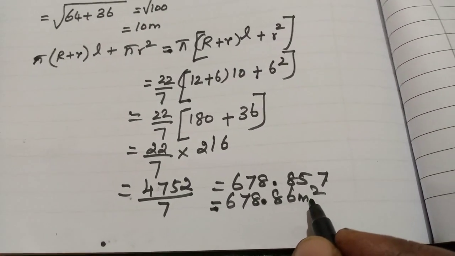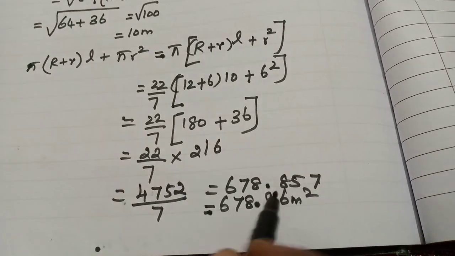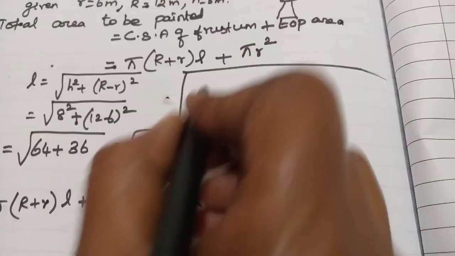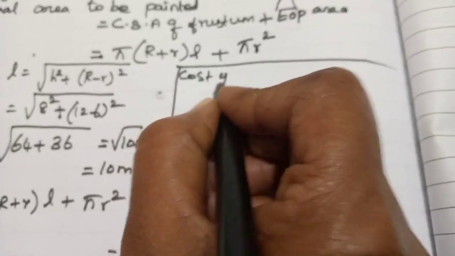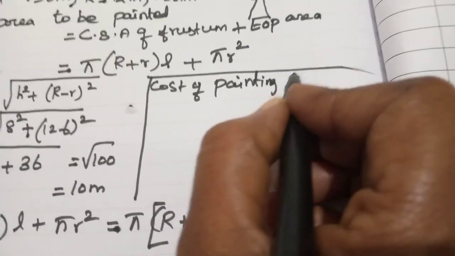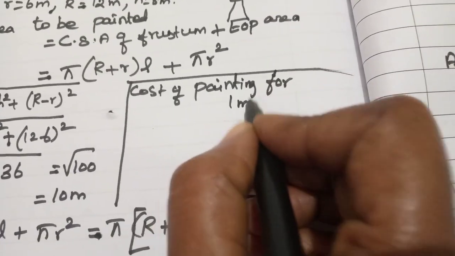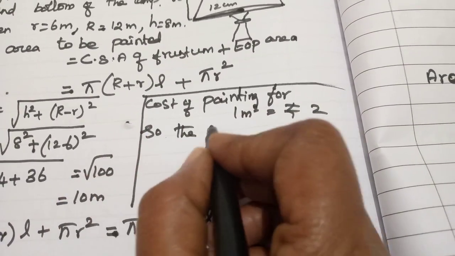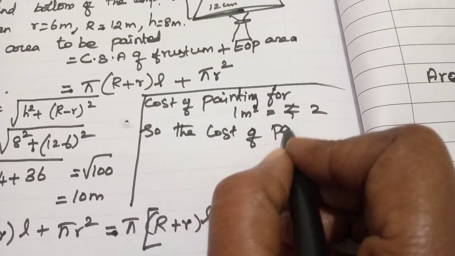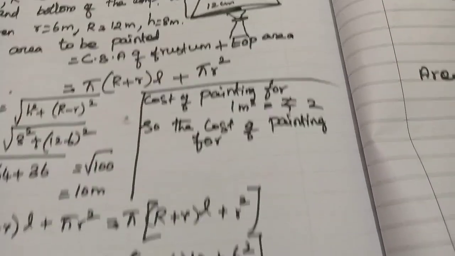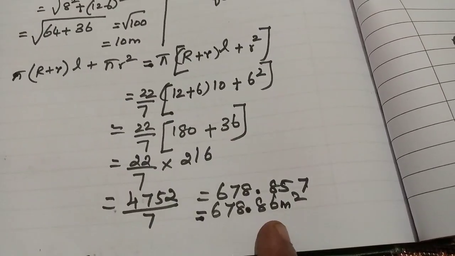We have to find the cost of painting. It is given that the cost of painting for 1 meter square is rupees 2. So the cost of painting for what area we have? 678.86 meter square.